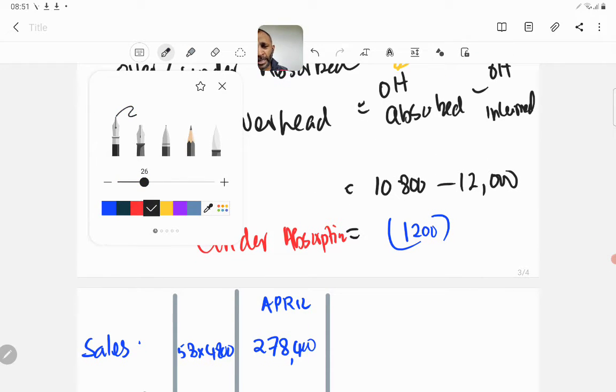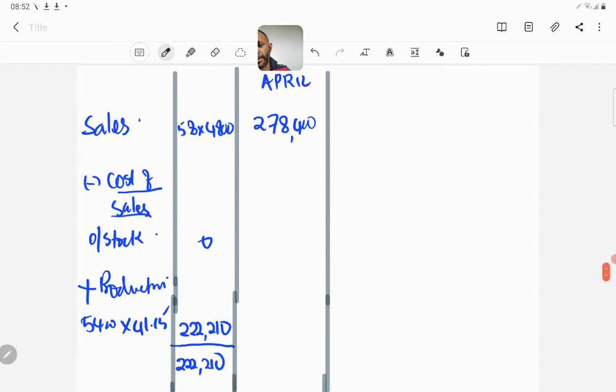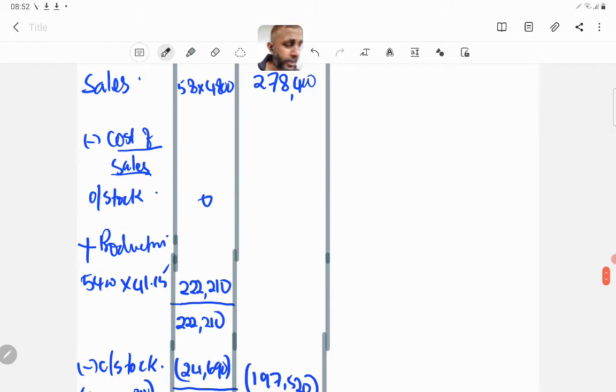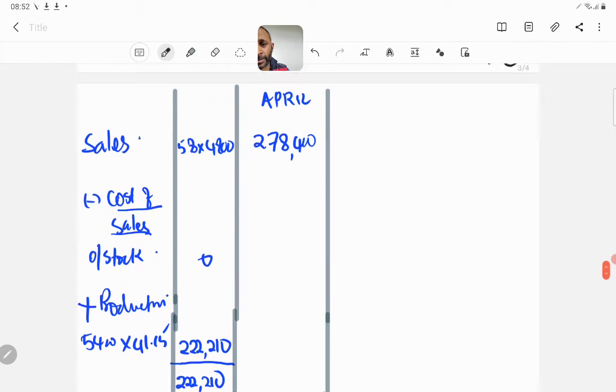If it is under absorbed, this should be considered as an expense in the P&L. If it is over absorbed, it should be considered as an income. So here we have to incorporate that. 1,200 should be treated as an expense, so we should subtract both.